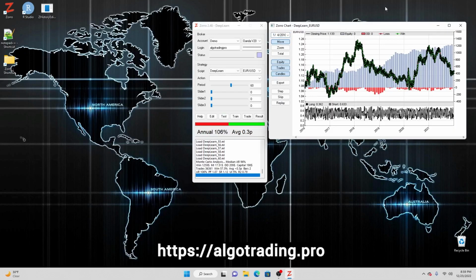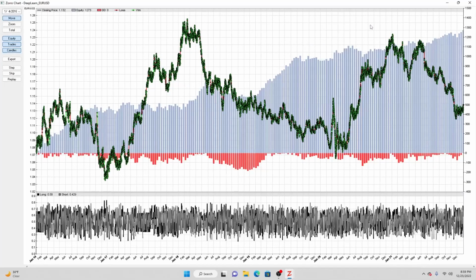Oh my God, look at this beautiful picture! So here we are seeing the signals right down here. These are the signals that are being plotted. Remember I told you that the signals we're getting, basically it's a number, and if it's above 0.5 we're buying, if it's below we're selling.